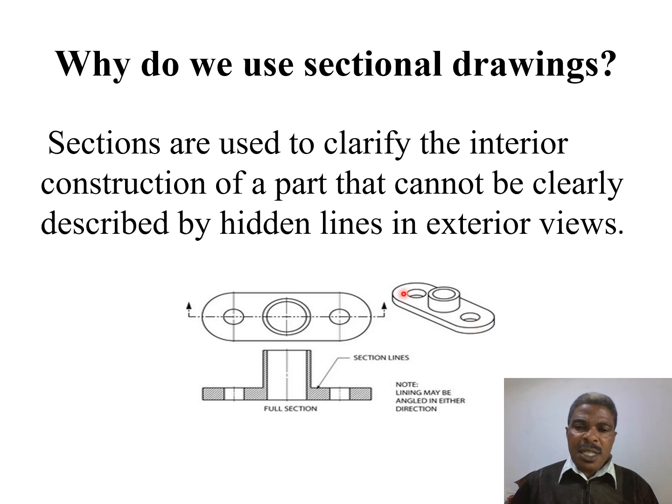So if we want these holes shown with their respective sizes, we use a cutting plane, a line that indicates where the cutting removal of the object will be taken to the other part.